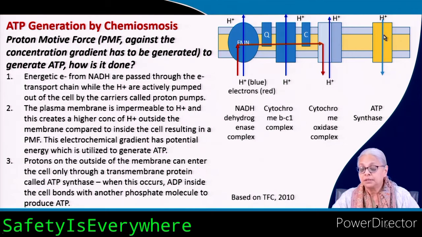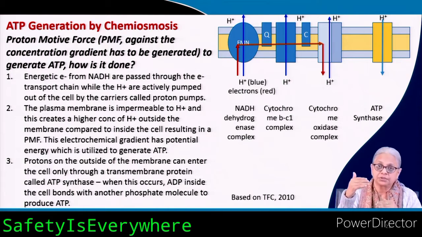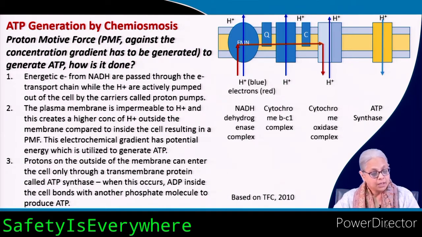And in the final process, we have ATP synthase. The proton motive force has been created because of the concentration gradient of protons outside the cell versus inside the cell. And like I said, the plasma membrane is impermeable to protons. It has a higher concentration of protons on the outside, and the protons will enter the cell only through this ATP synthase.